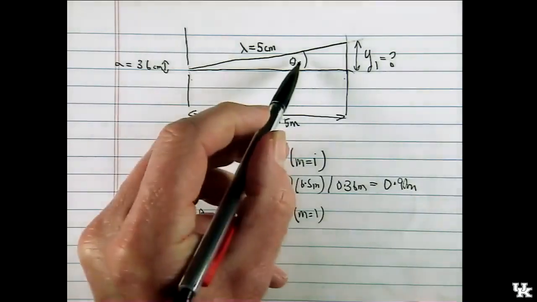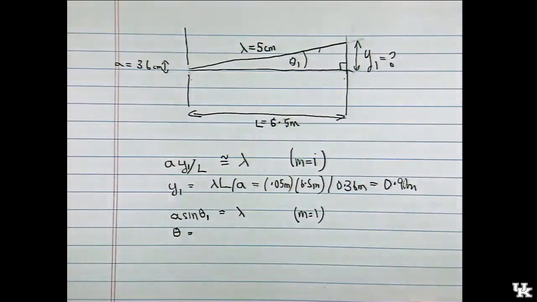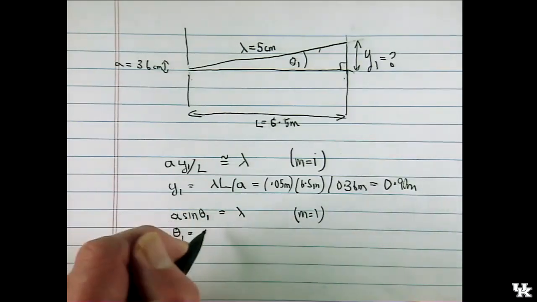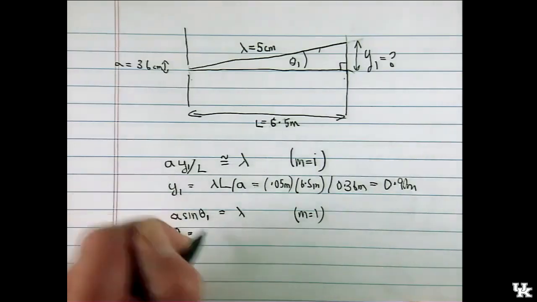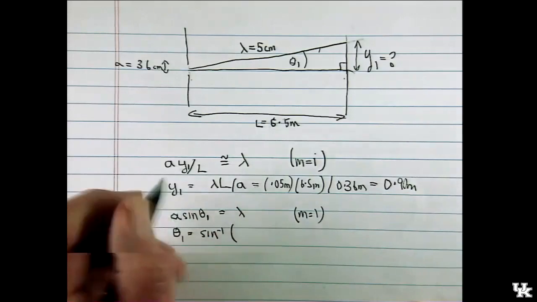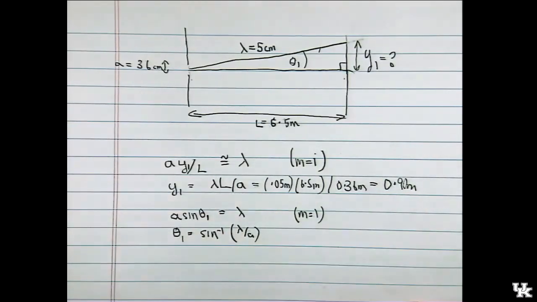Once we have theta, we can use a little bit of trigonometry in the right angle triangle up here to calculate y, and we're going to compare them. To calculate theta 1, I would divide through by a and take the inverse sine. Dividing lambda by a and taking the inverse sine will give me the angle theta 1.